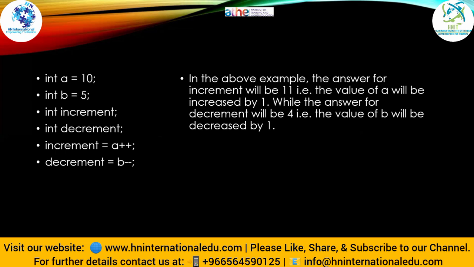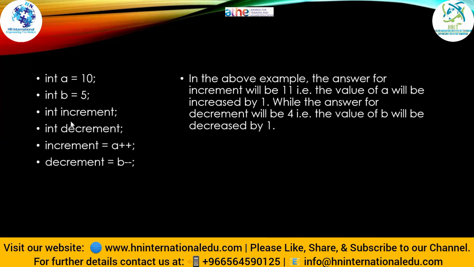Here we have an example of a computer program. We have integers a and b, with the numbers 10 and 5 assigned to them. And we want to do the increment and decrement. We have first made two variables, increment and decrement, with the data type integer.